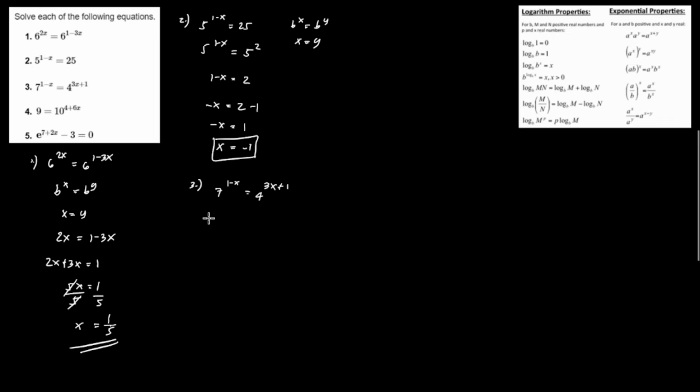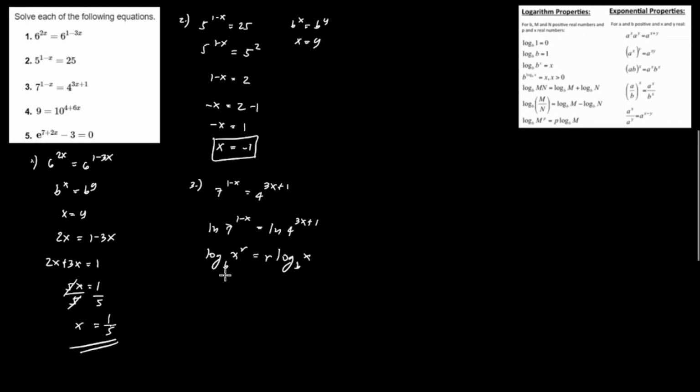We will use ln. So ln of 7 exponent 1 minus x is equal to ln of 4 exponent 3x plus 1. Using the logarithm property, log of x exponent r with base b is equal to r log of x base b.